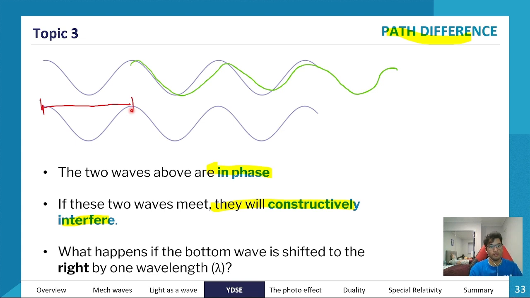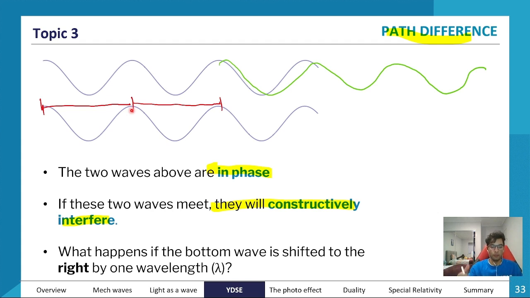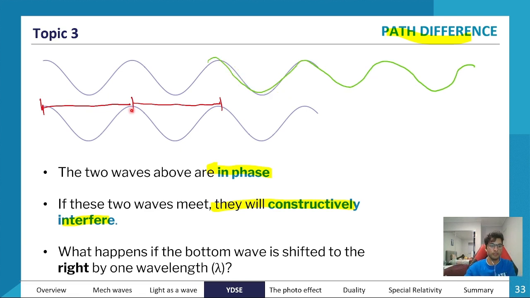Let's move the green wave by another wavelength, down here. Again, since it's the same wave traveling together, they're still going to constructively interfere. And if you move it another wavelength, so if I draw out another wavelength, that's one wavelength.